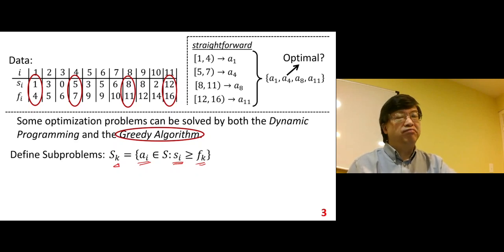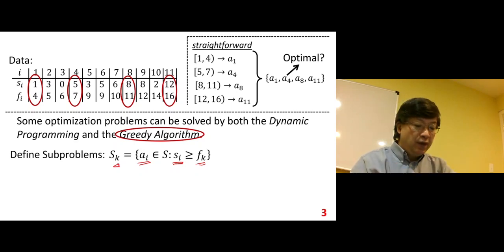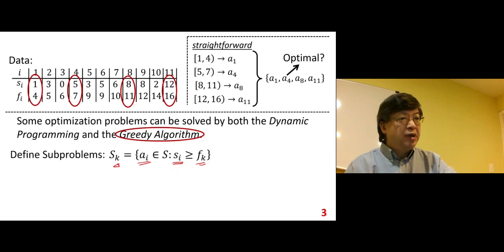That is our definition. We need to use this subset to convince people we get an optimal solution.